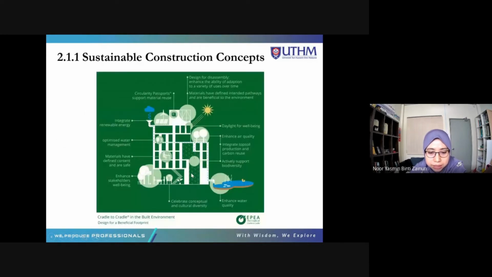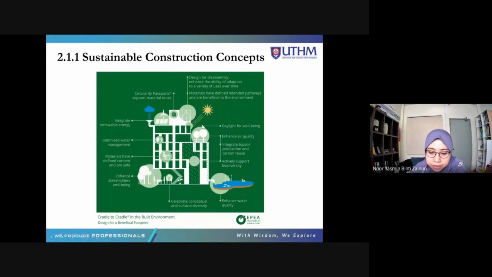So this is the example of the sustainable concepts for cradle to cradle. Maksudnya we have design for assembly, where we enhance the ability of adaptation to a variety of uses over time. Materials have defined intended pathways and are beneficial to the environment.